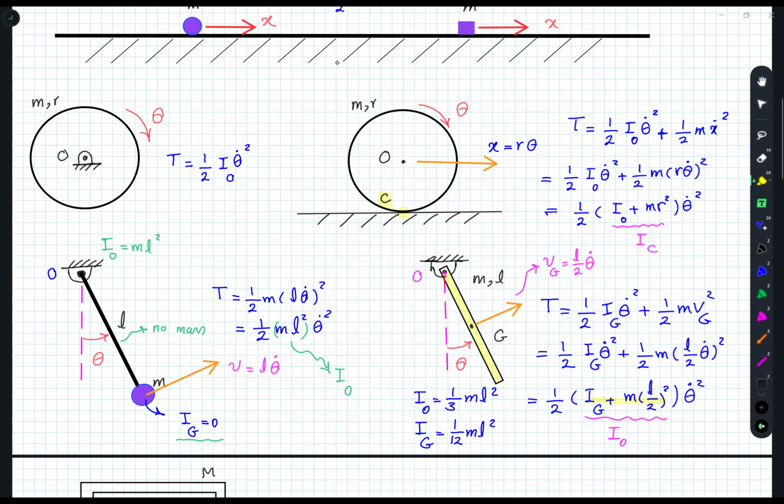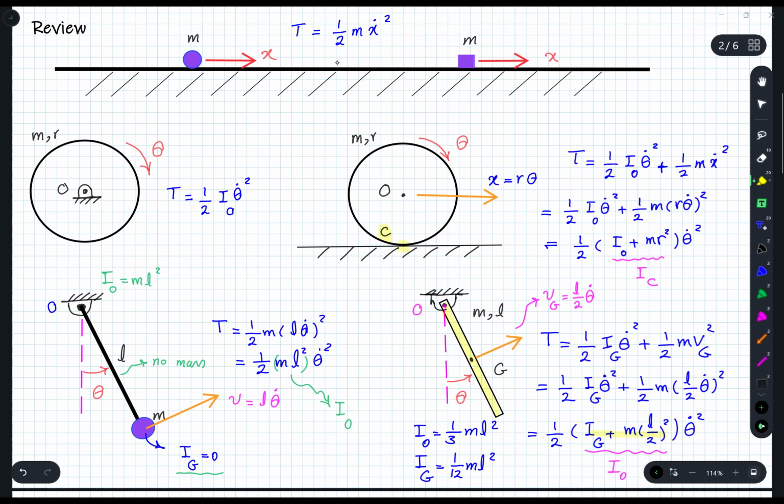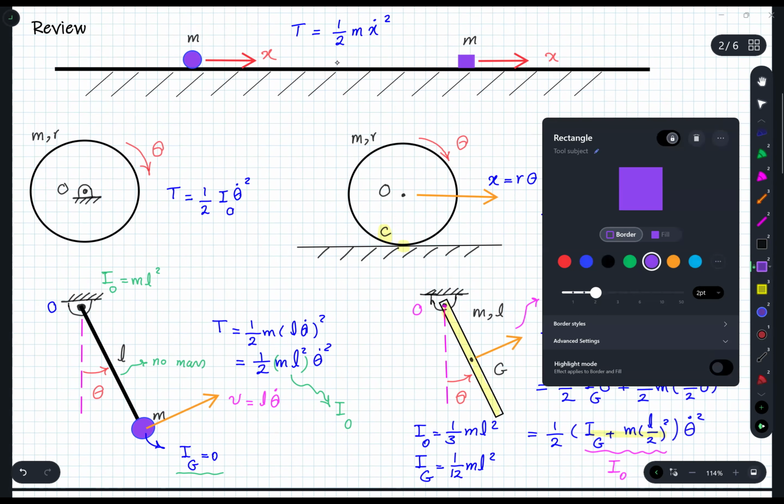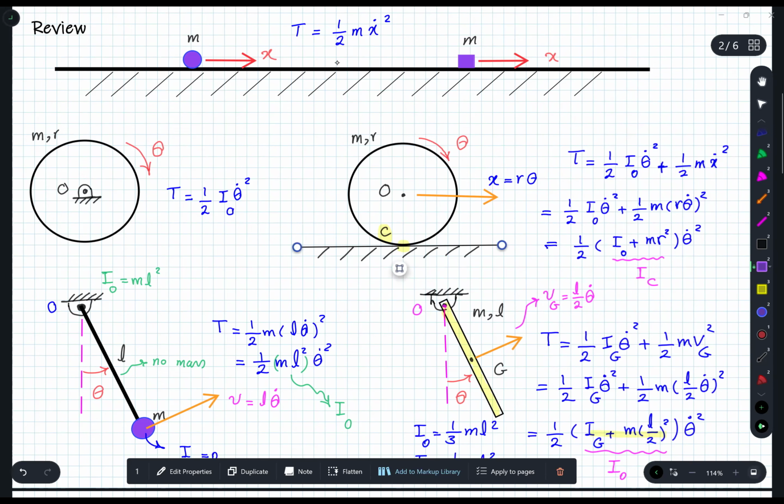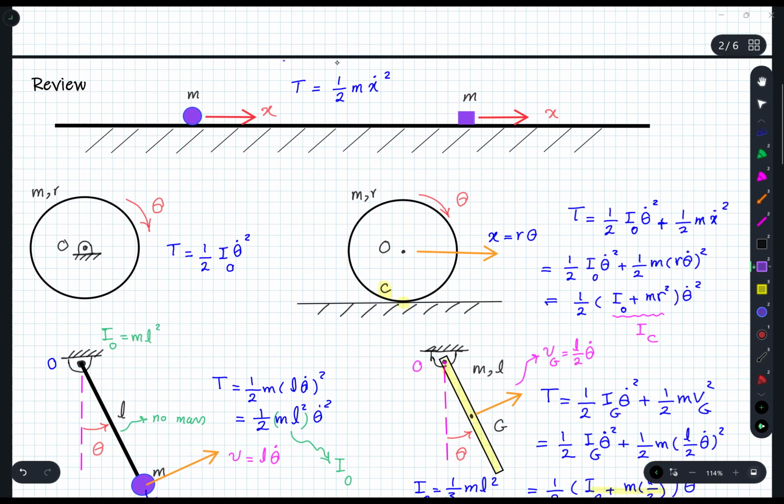All right. So far, you saw the relations are very easy and straightforward. Hopefully, now you know how to calculate this relation. So again, just to summarize, for a particle, it's half of m velocity squared.